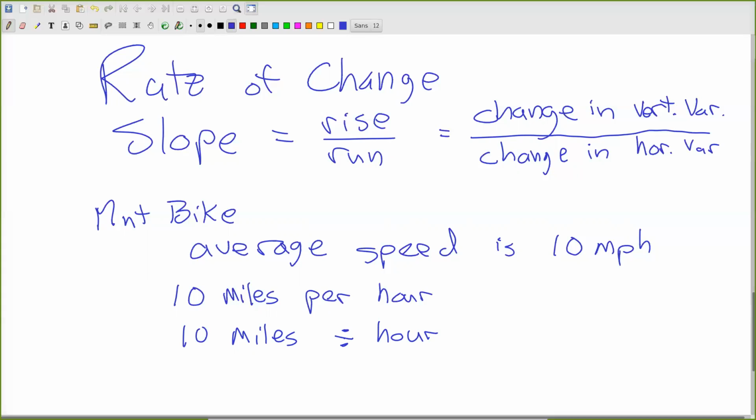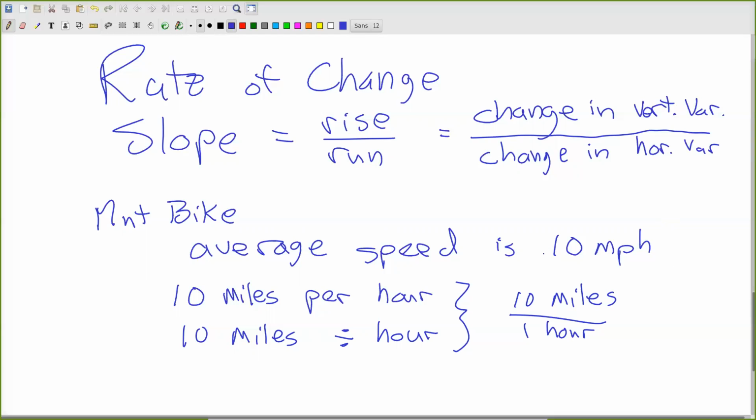And instead of using that division symbol, I could write it as a fraction. So alternatively, I could say this is 10 miles per hour. And usually when I write the word hour, I mean 1 hour, unless I put another number next to it, right? So 10 miles per hour is a fraction, 10 miles divided by 1 hour.